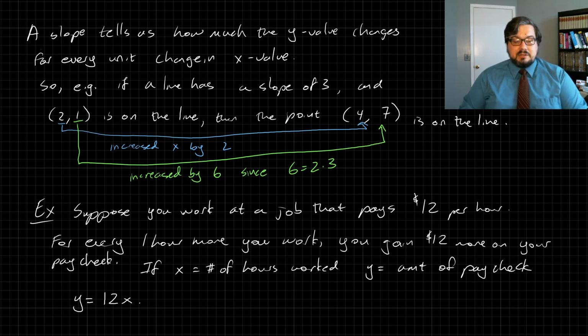And in particular, this means that we could calculate the slope. We could get a couple of points on there, and we would find a slope of 12. This is the sort of thing that a linear relationship describes. It describes when every change in one variable corresponds to a proportional change in another variable.